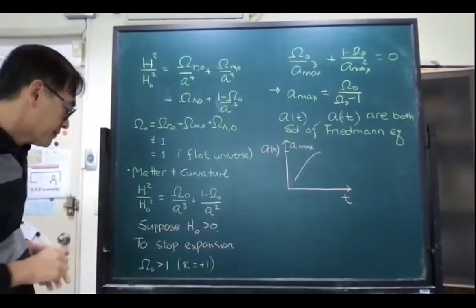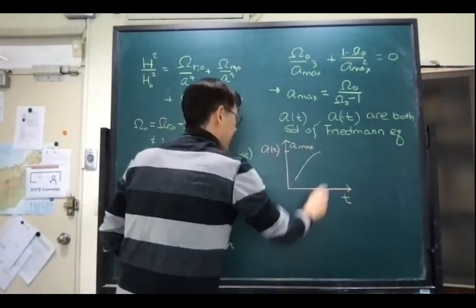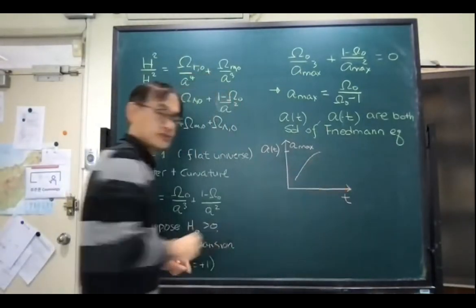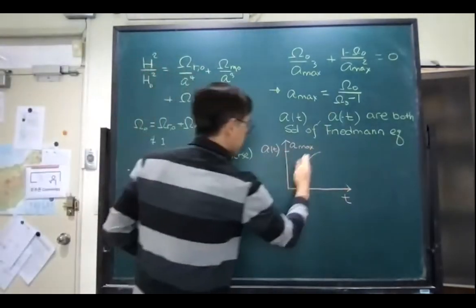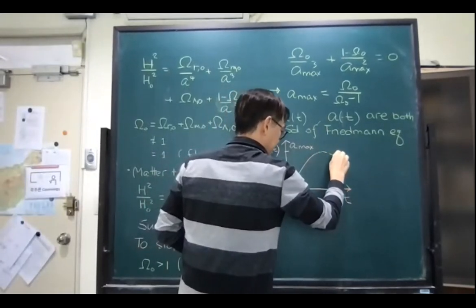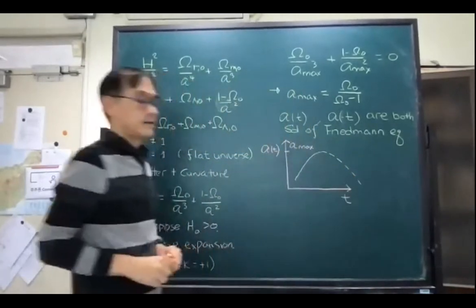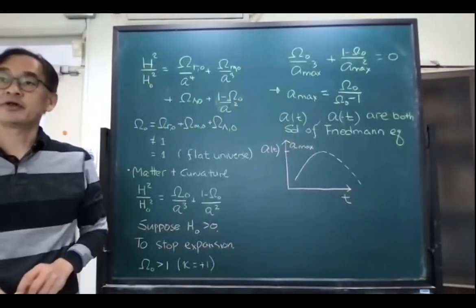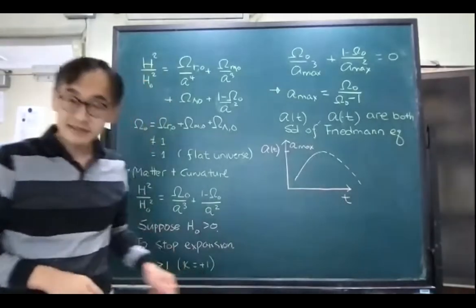You don't even have to calculate how it will shrink, because you already did. So the mirror image of this curve should be the solution of this particular universe that we are discussing. So that's nice.